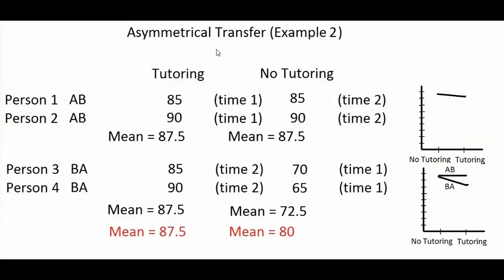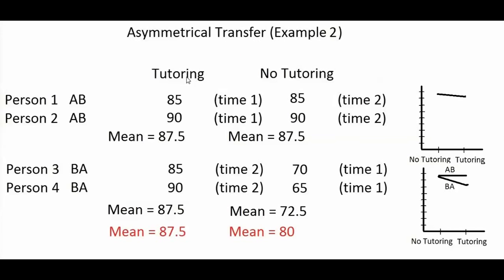I said that one way to solve the problem of asymmetrical transfer is to have a long enough break between conditions. If you're doing a drug study and you have a long enough break for the medication at time 1 to wear off before the participants get to time 2, then that can solve the problem of asymmetrical transfer.